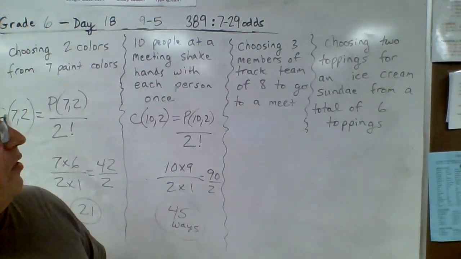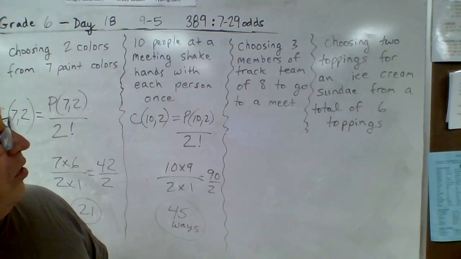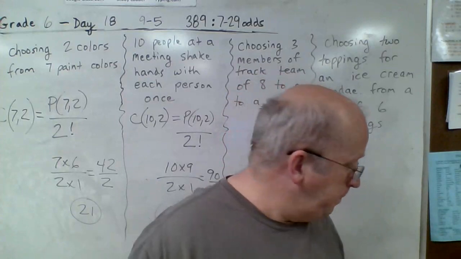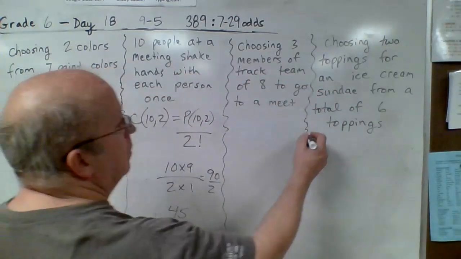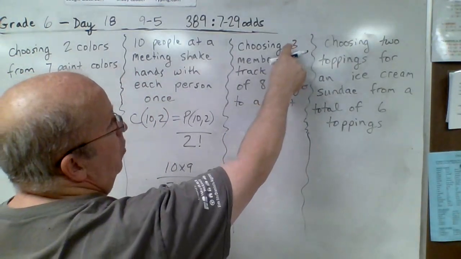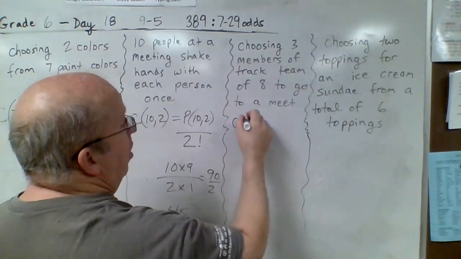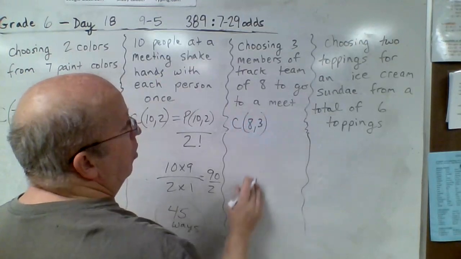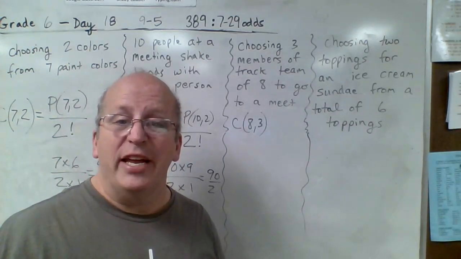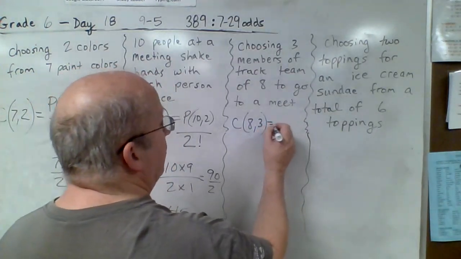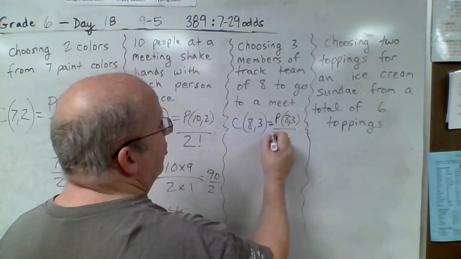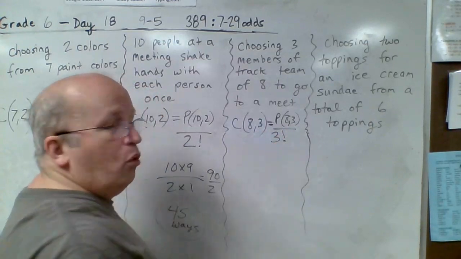Okay, let's move on to this one right here. Choosing 3 members of a track team out of a total of 8 members to go to a particular meet. What kind of combination problem is this? It doesn't matter if you're the first one picked, the second, or the third. As long as you're one of the 3 picked, you're going. That would be the combination of 8 track members taken 3 at a time, which is a permutation over the second number factorialized.